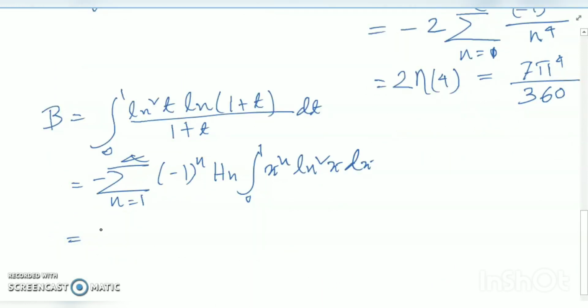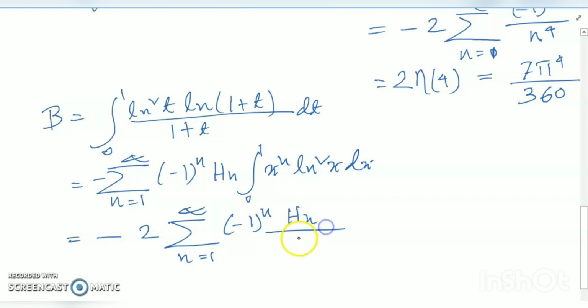we can write this way: minus 2 into summation n equals to 1 to infinity minus 1 to the power n hn divided by n plus 1 whole cube.